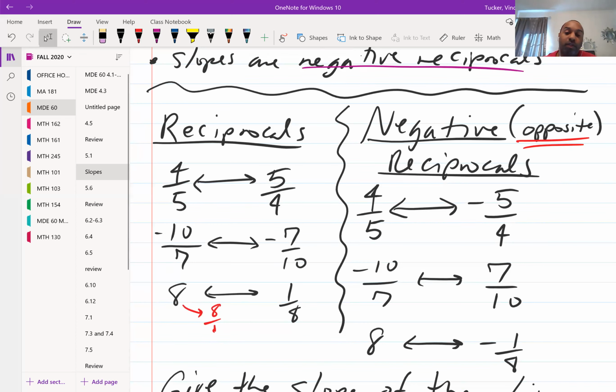If I have negative 10 over 7, then the negative reciprocal will be positive 7 over 10. And if I have positive 8, the negative reciprocal will be negative 1 over 8. So the negative reciprocal is what we need as the slope of perpendicular lines. You need the opposite sign, and you need to flip your fraction.